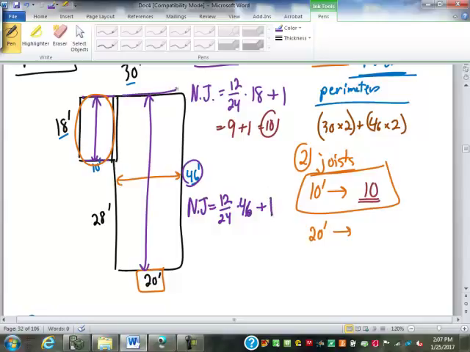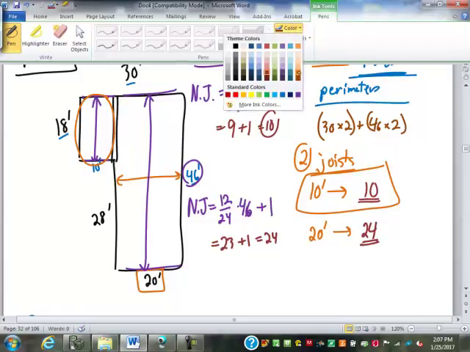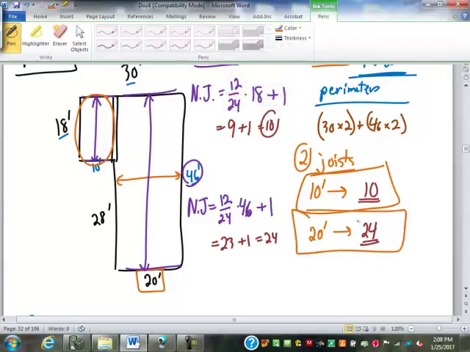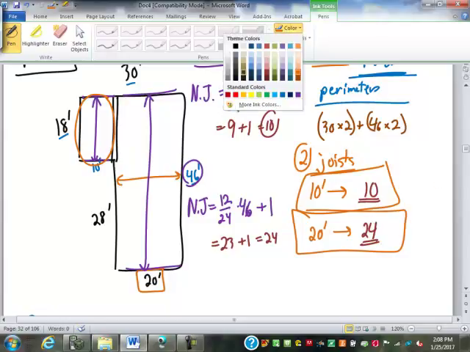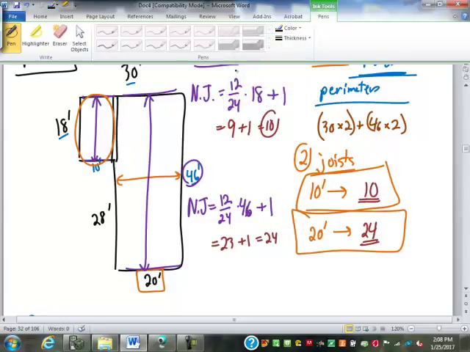Plus 1. We do need a joist at each end. So 12 over 24 times 46 is 23. Plus 1 gives us 24. So 24 are the 20-foot joists. So that's our joists right there. We need 10 10-footers, 24 20-footers. Any questions so far?